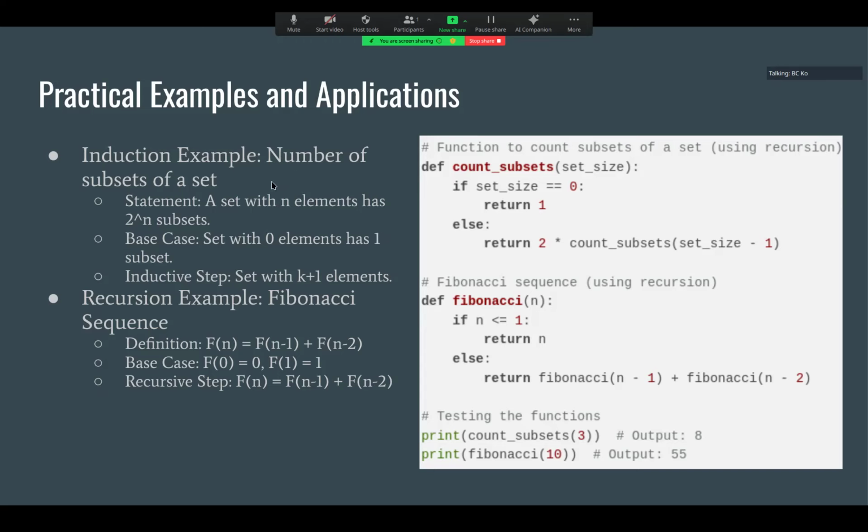And for recursion, let's consider the Fibonacci sequence. The Fibonacci sequence is defined as Fn equals Fn minus 1 plus Fn minus 2.